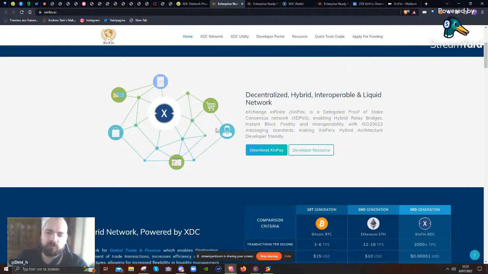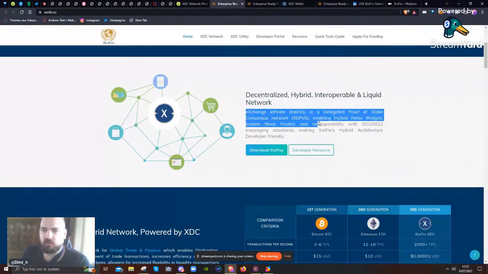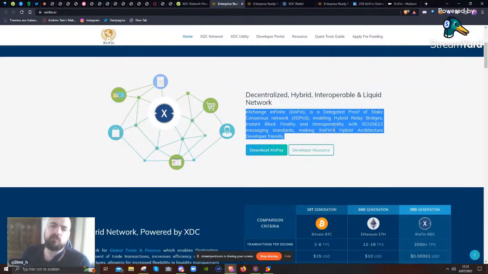This is a general remark I should have made in many of my earlier episodes: a lot of cryptocurrency projects are too busy using branch-specific wording. With that I mean enabling hybrid relay bridges and interoperability with ISO 20022 messaging standards and hybrid architecture.